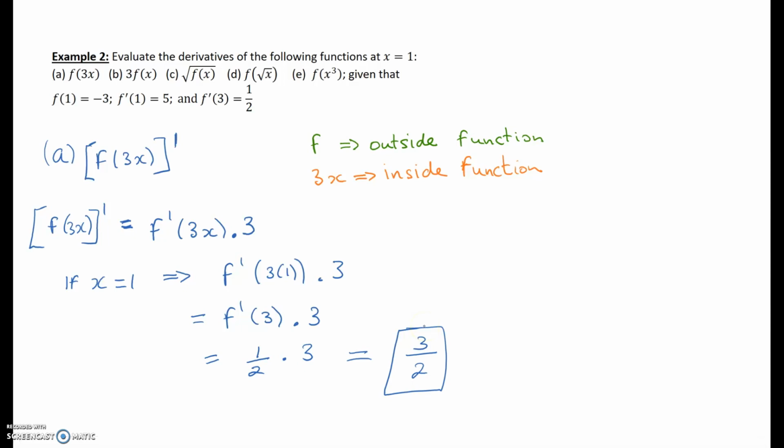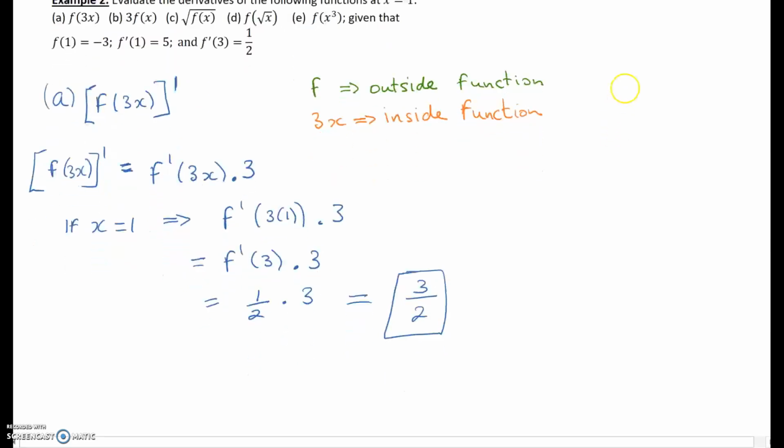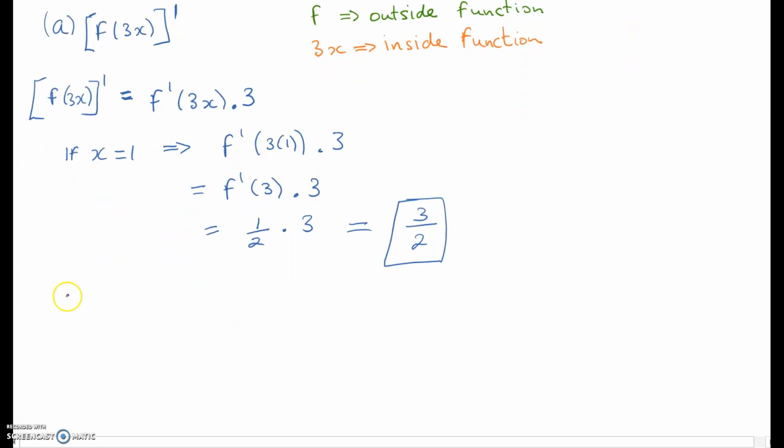So we're looking for inside functions and outside functions. Right, let's look at B, which is the derivative of 3 f of x. So we want the derivative of 3 times f of x.